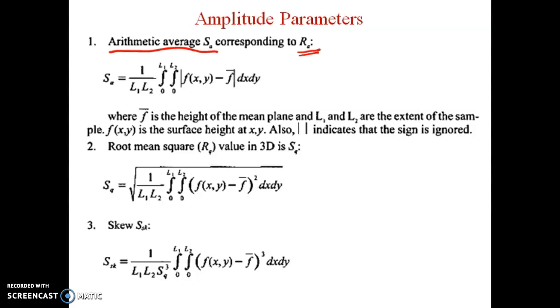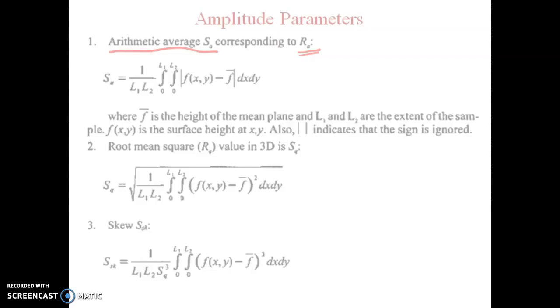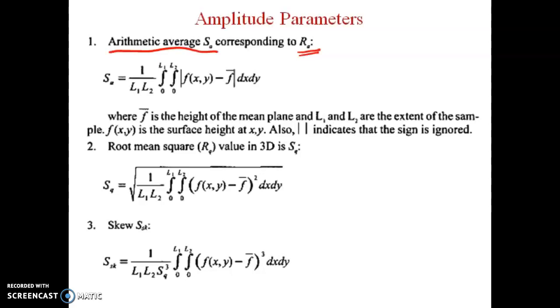Sa is given as 1 by L1 L2, double integral over L1 and L2 of the absolute value of f of xy minus f dash, dx dy, where f dash is the height of the mean plane.